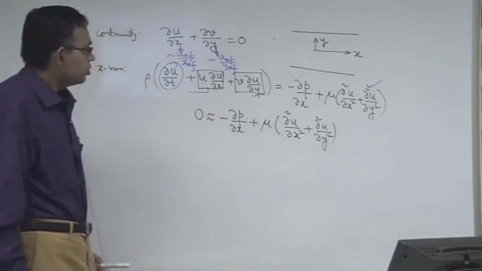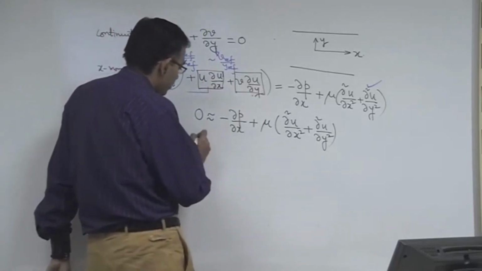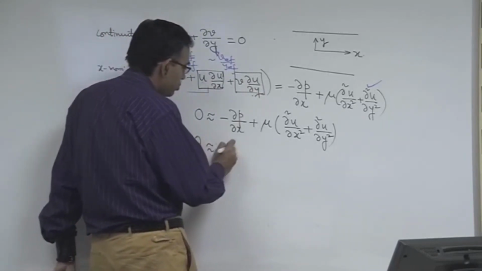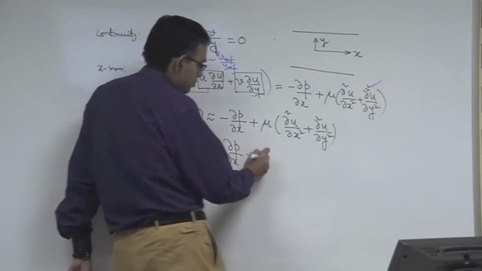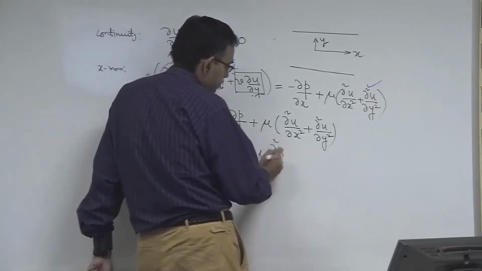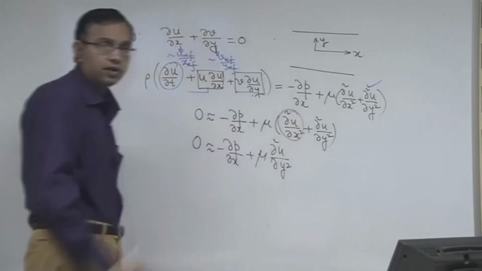So, for the example that we have talked about, the special form of the Stokes equation boils down to this, because this term is negligible for that example.